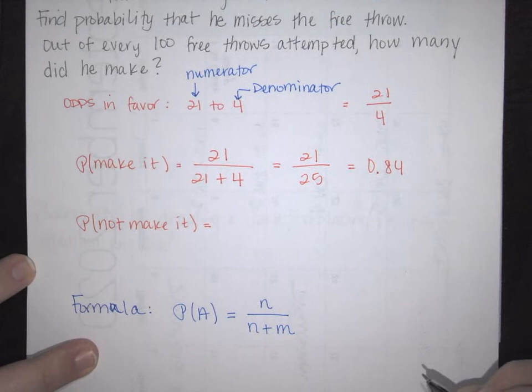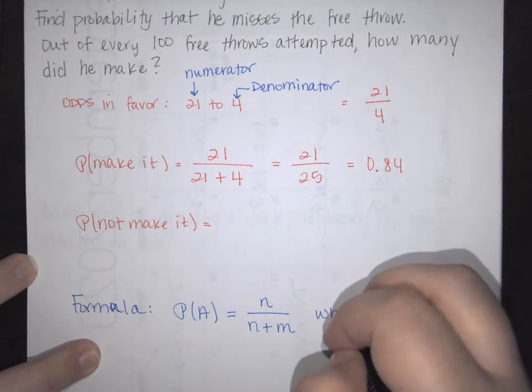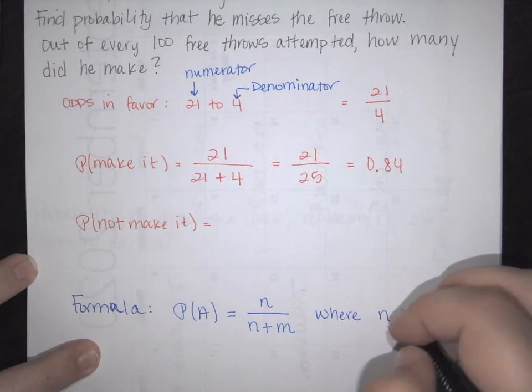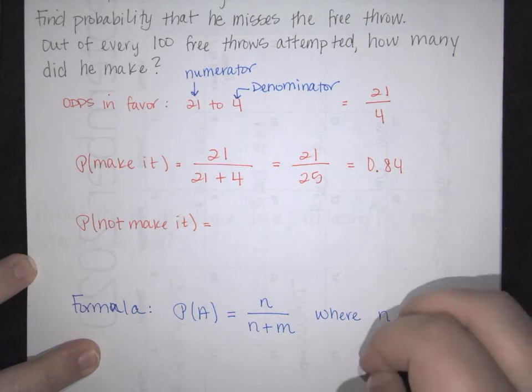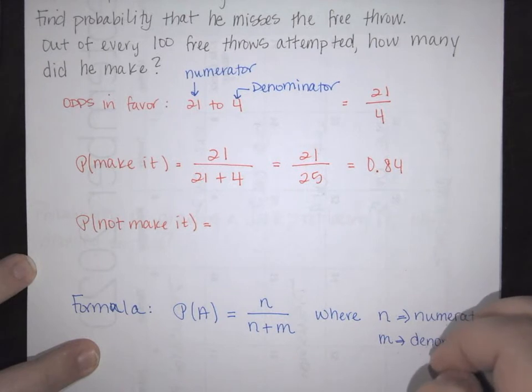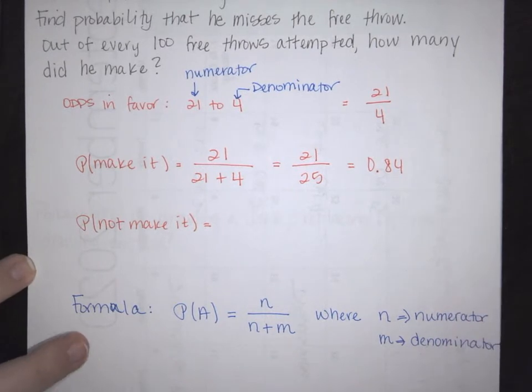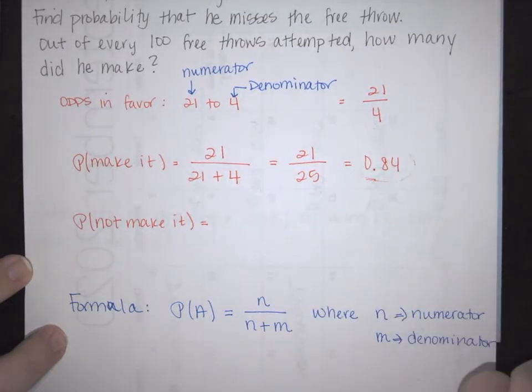In this case, n comes from your numerator and m comes from your denominator. So that is the formula we're using here, and it gives us the probability that he's making it.